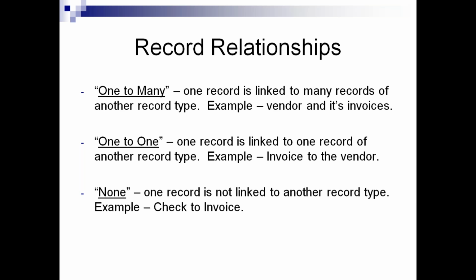And how you can tell that there is no relationship, if you look at a check record. Now, the example we're giving here is the check record. There's no field on the check record for invoice number. So there is no relationship there. But you could build something with a lookup function and the vendor ID to try to build a relationship there.